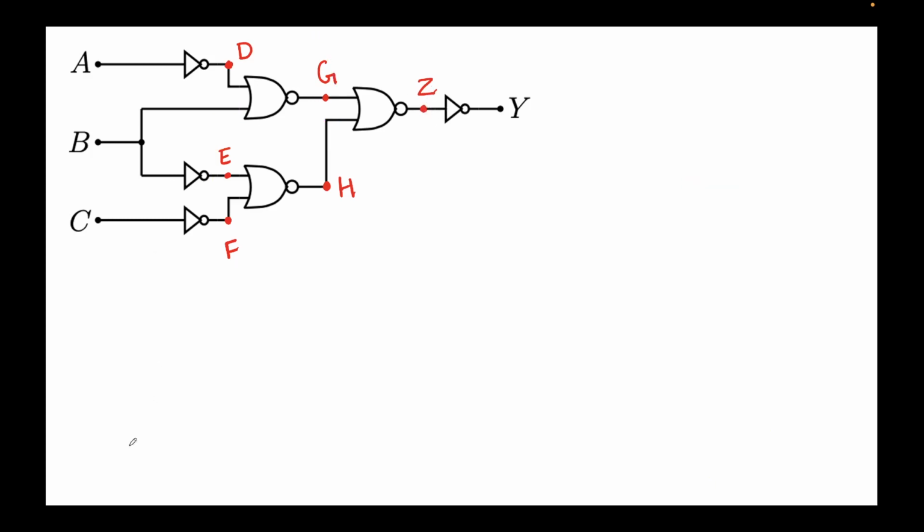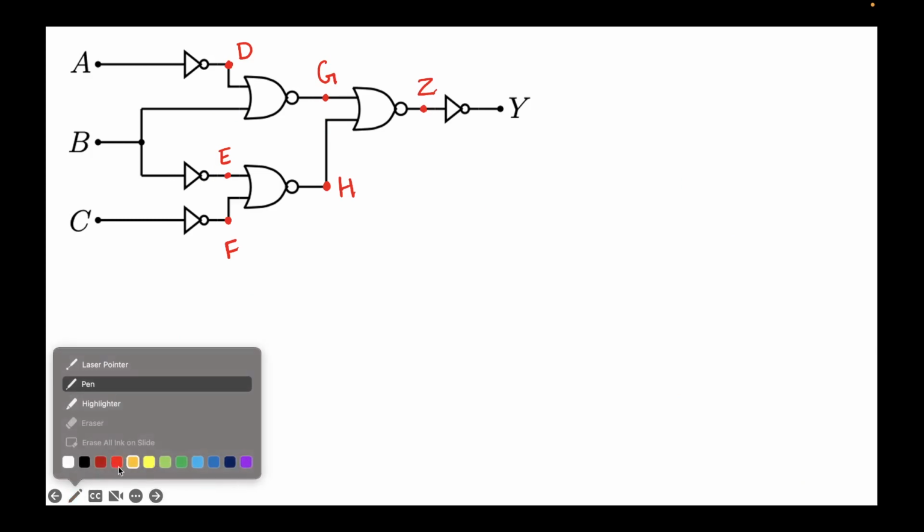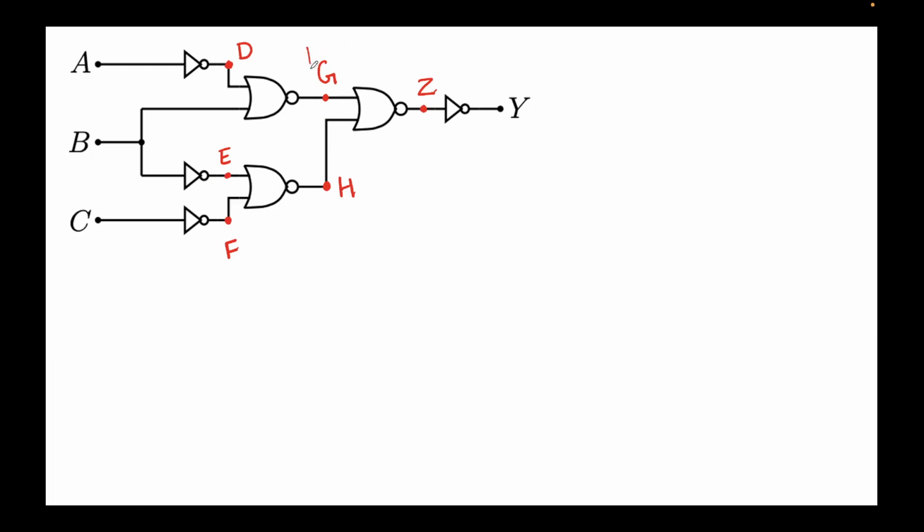So in Z, I'll again choose the red color. For Z, now let's do the whole thing. This is step 4. So Y is nothing but Z bar. You see this NOT gate, Y is nothing but Z bar. But what is Z?